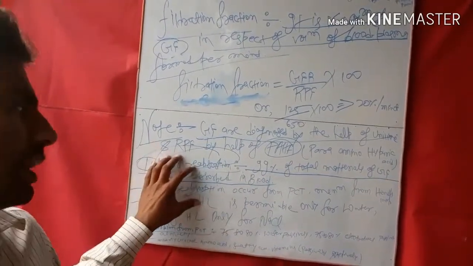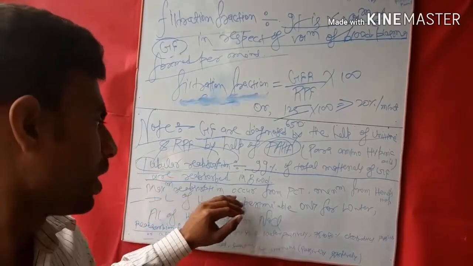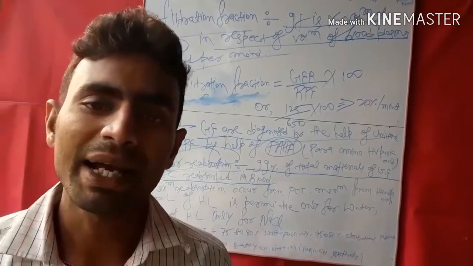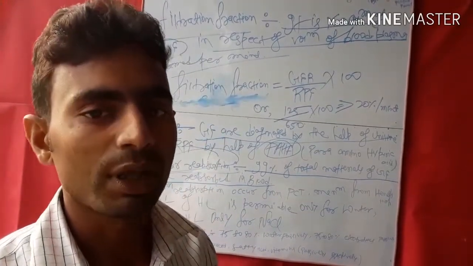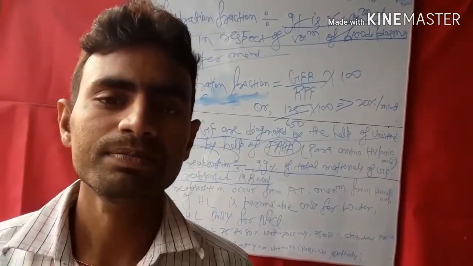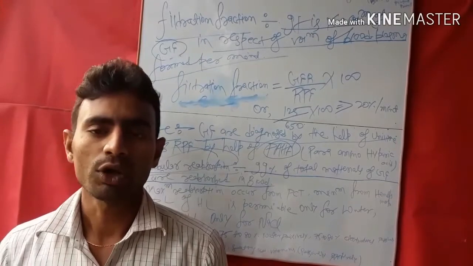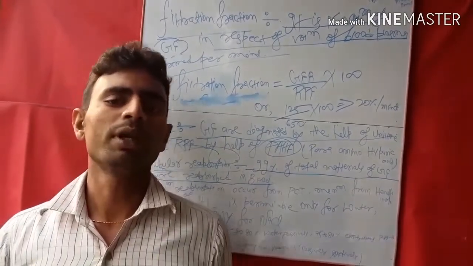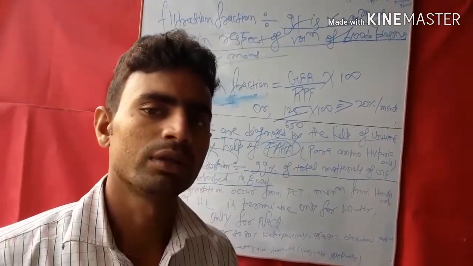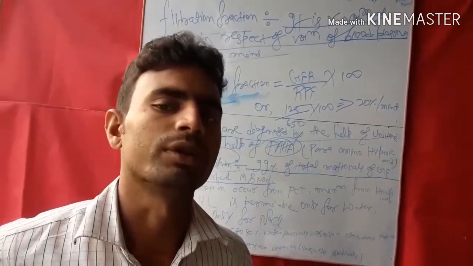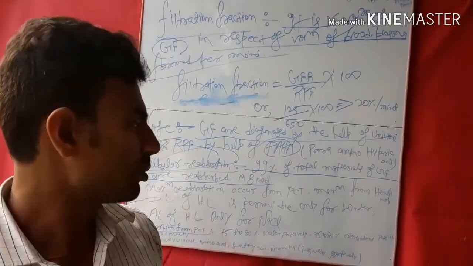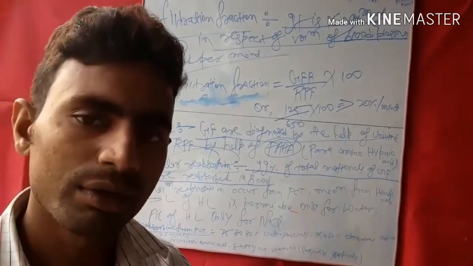Maximum reabsorption occurs from the proximal convoluted tubule and minimum from Henle's loop. The proximal convoluted tubule, Henle's loop and distal convoluted tubule are parts of the nephron.